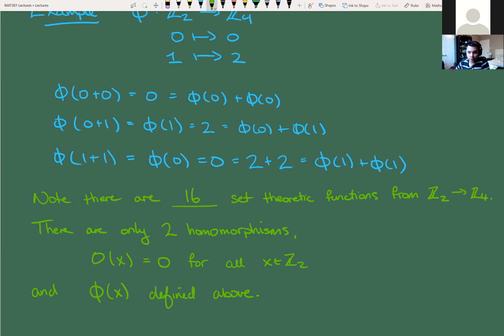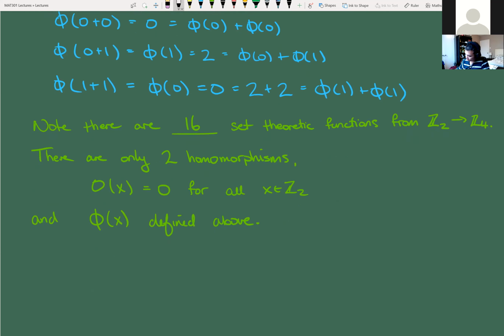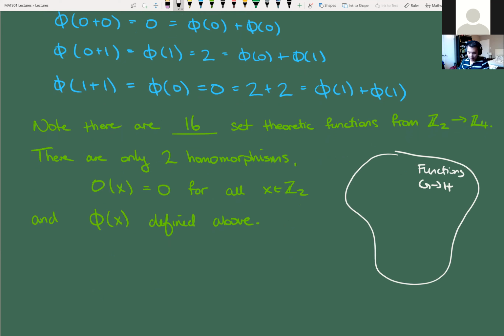You've got the set of all functions from G to H, and the group homomorphisms are a very small subset of that. Being a group homomorphism is such a powerful thing that almost no functions are group homomorphisms. It's very, very rare. Does that answer that question?